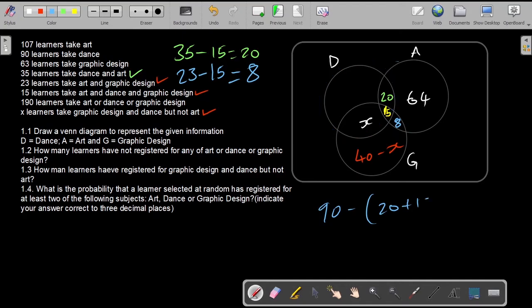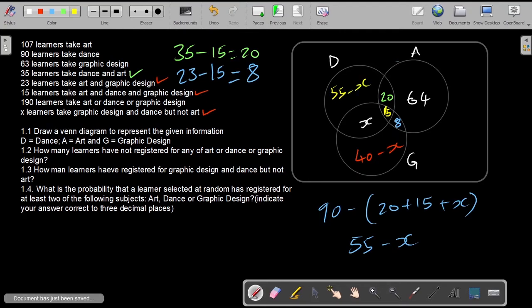So now we have 15, we also have x, and this should be 35, and subtracting that from 90 should be 55, and the x will be negative because of the negative sign. And that is the value that we're going to put in there, so 55 minus x. And one final thing that I can talk about is that we have this line.